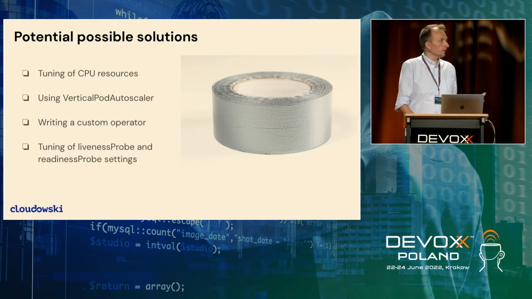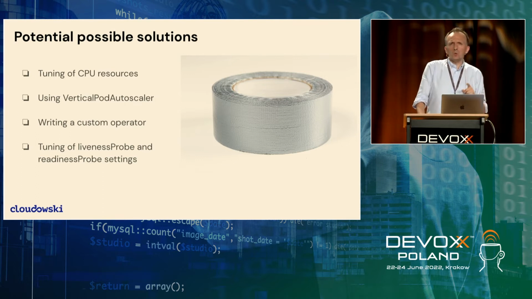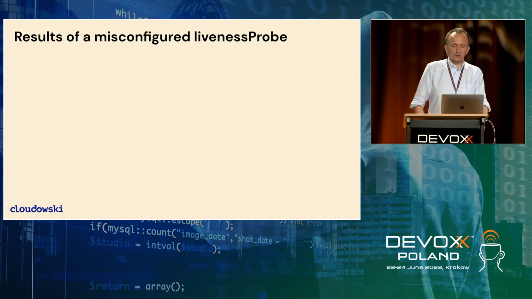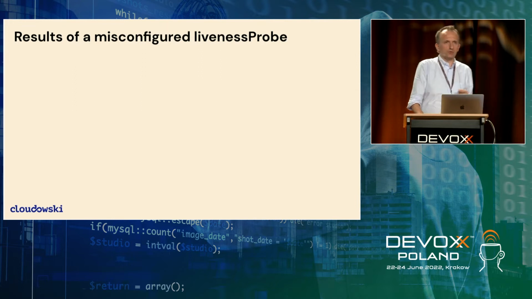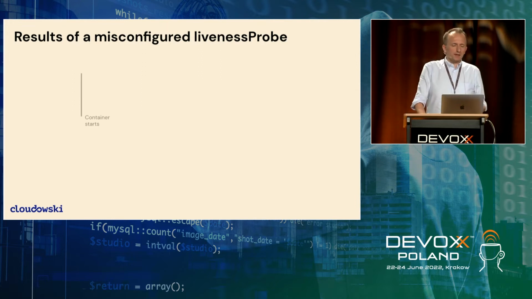However, before I reveal the solution, we also found some misconfiguration of our probes. Let me tell you something more about it. You probably know that if a container starts, you can configure some probes and attach them to it.